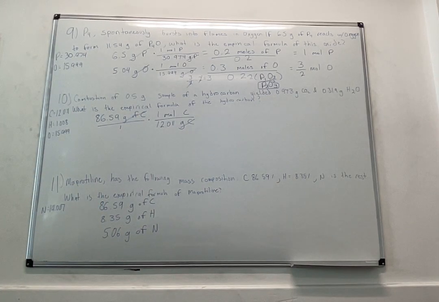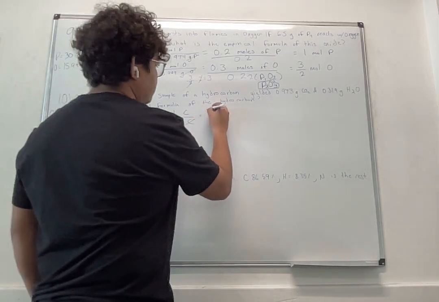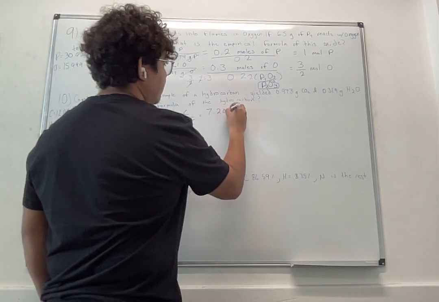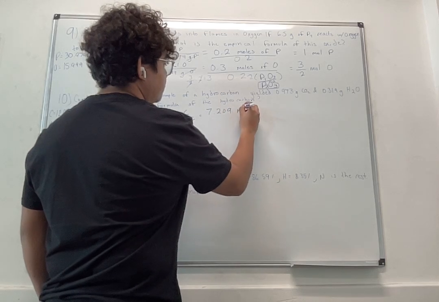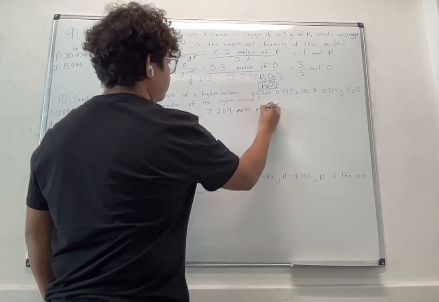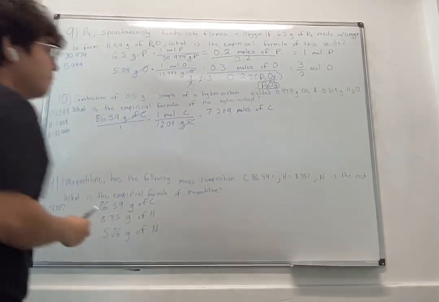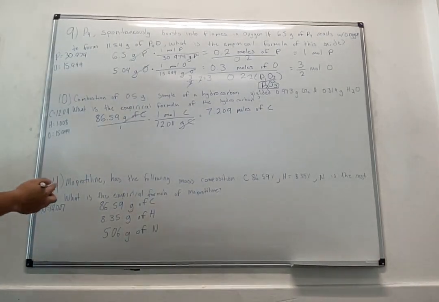So 86.59 divided by 12.011 will give us 7.209 moles of carbon. Okay, there we go.